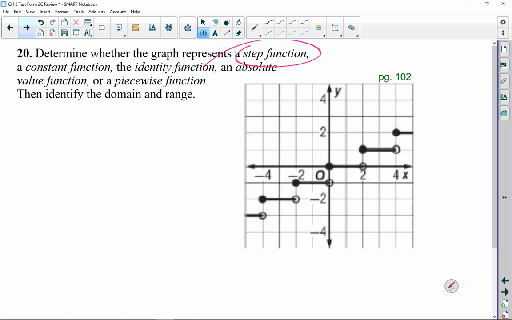Domain and range. Now, this is where it kind of gets a little tricky, because I don't know how they're going to format it on the test. The domain is going to be all real what? Numbers. Here's what you have to understand, and this goes way back to your pre-algebra days.